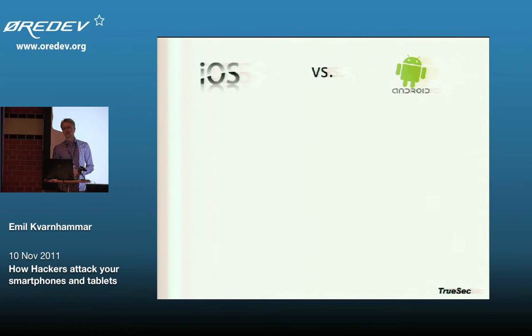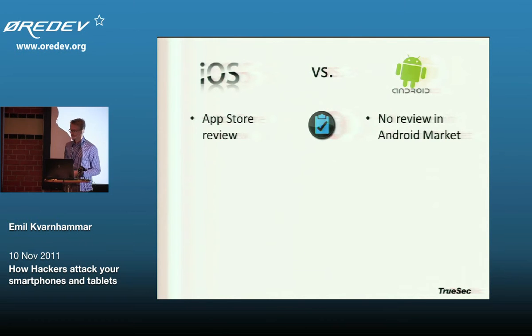To summarize a little bit the difference between iOS and Android, of course, review is better than no review. We mitigate the problem that I, as an attacker, might try to upload an application that pretends to be the legitimate banking application.